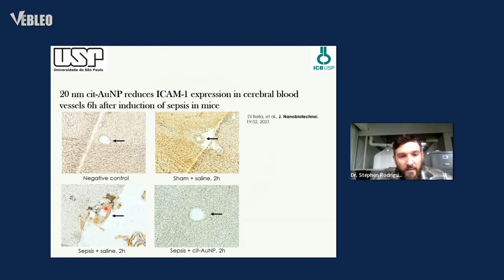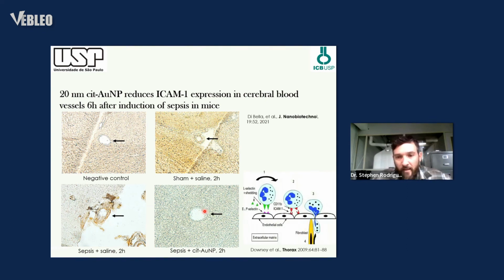Here you can see in brown the ICAM-1 expression in blood vessels in the brain tissue. But in mice treated with citrate gold nanoparticles, the amount of brown is greatly reduced. It means that ICAM-1 expression was reduced in those mice. As you remember, ICAM-1 is one of the molecules important for leukocyte extravasation through the blood vessel wall, so reducing ICAM-1, you reduce leukocyte migration.